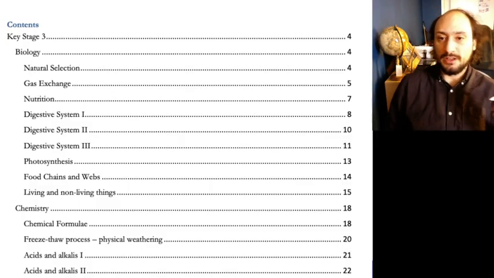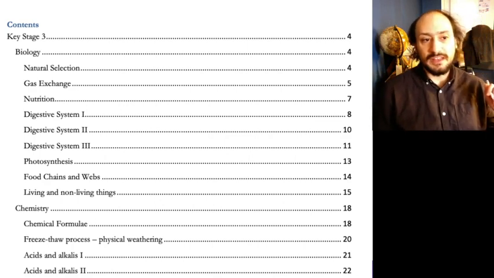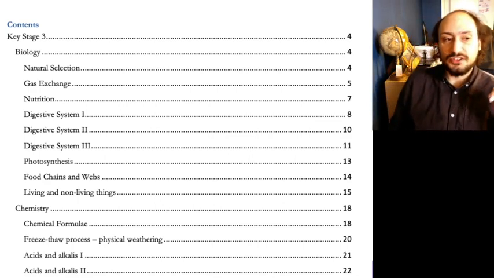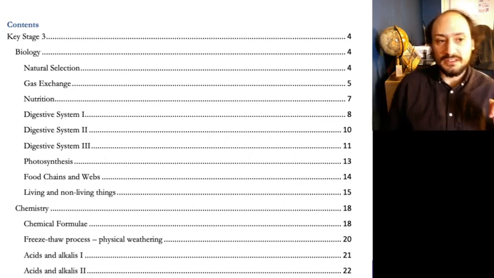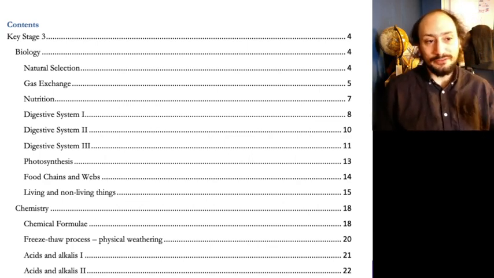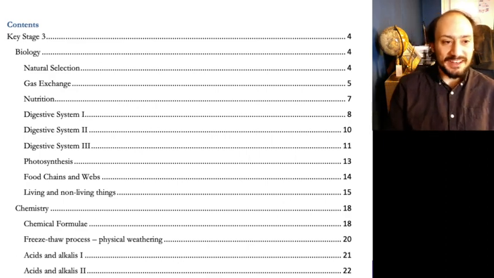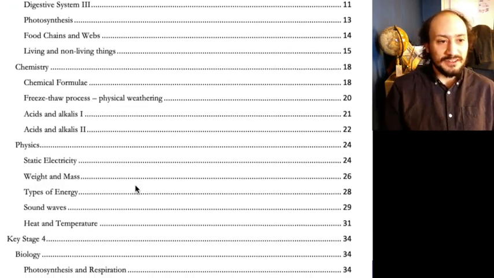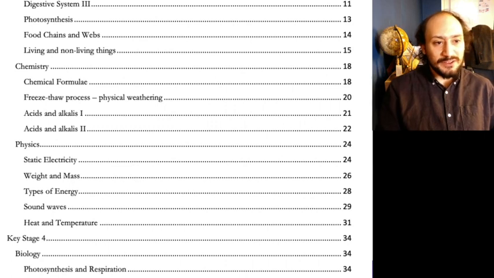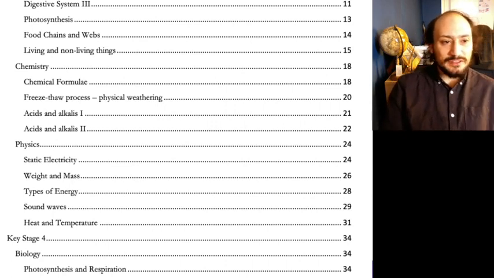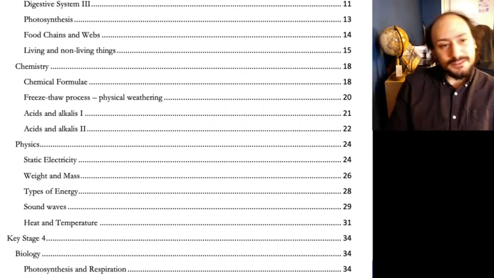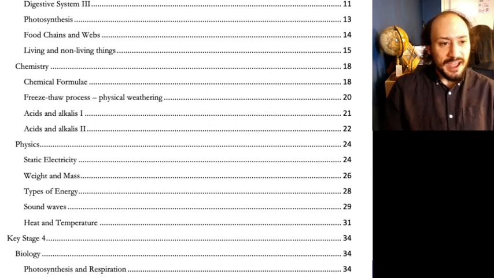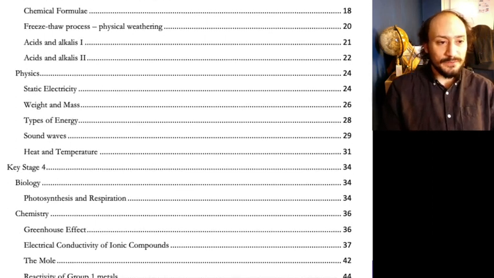Just to know what we'll be doing, I'll run through all the topics. Key Stage 3, Biology: Natural Selection, Gas Exchange, Nutrition, Digestive System 1, 2 and 3, Photosynthesis, Food Chains and Webs, Living and Non-Living Things. Chemistry: Chemical Formulae, Thaw Process, Physical Weathering, Acids and Alkalis 1 and 2.